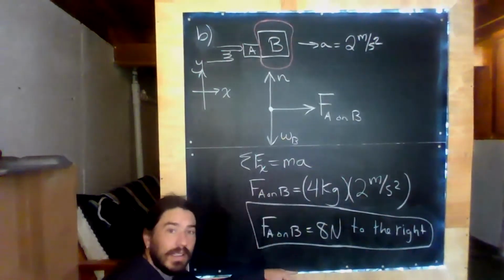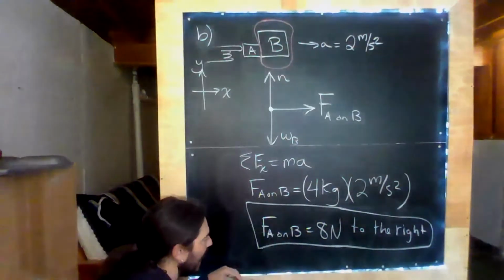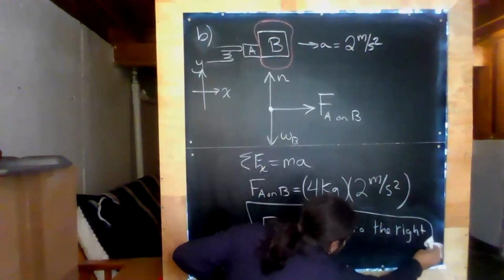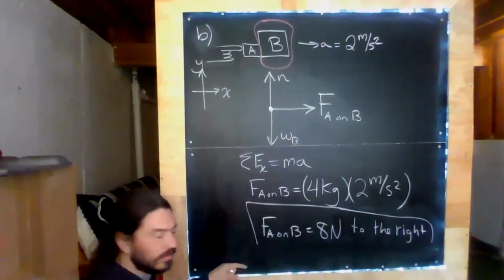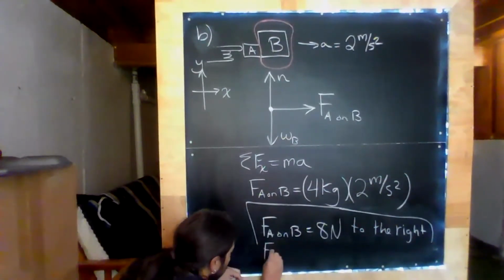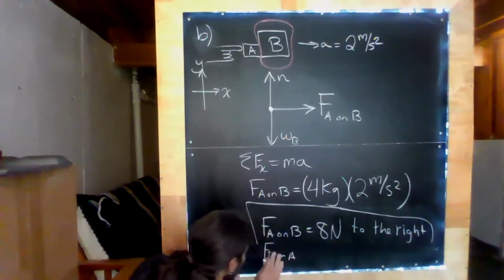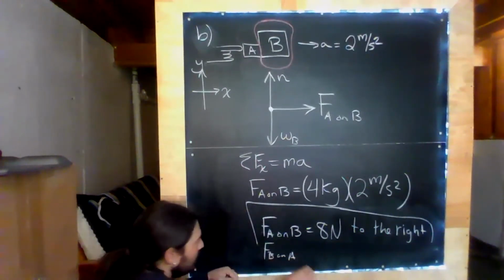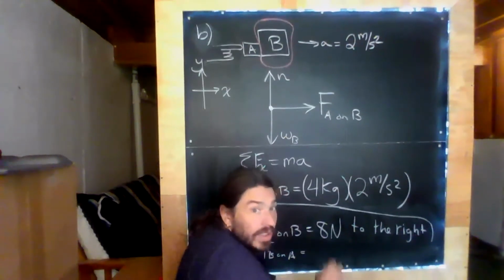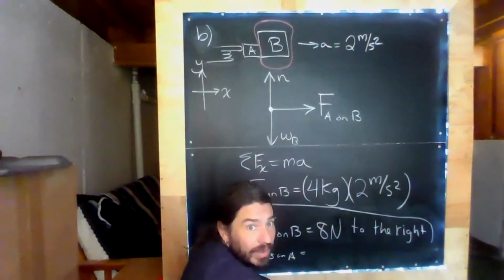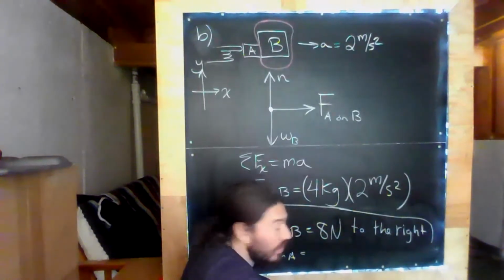Which means that FB on A, well, Newton's third law says that if A pushes on B, then B pushes on A with an exactly equal and opposite force.